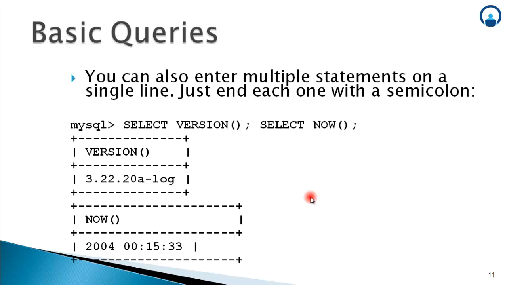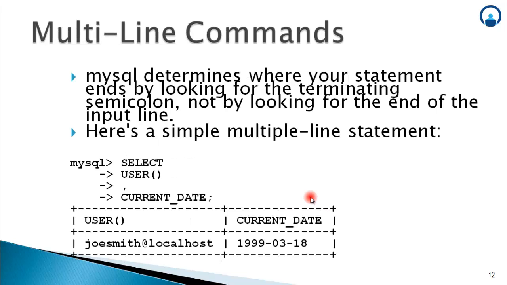But we have written these two queries on the same line and we have executed them. So when we executed, we get the output as the value of version 3.22.208-log, and the value for now, that is your current system date and time, which comes to 2004-00-15.33, right? So you can use multiple queries on the same line.